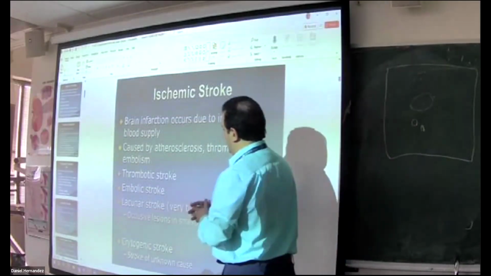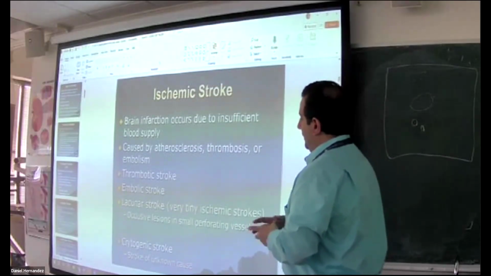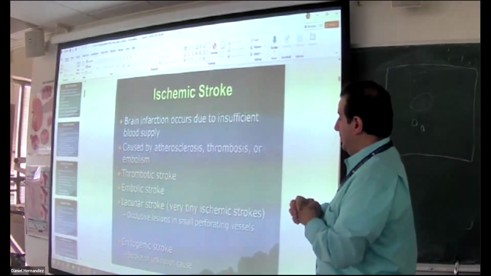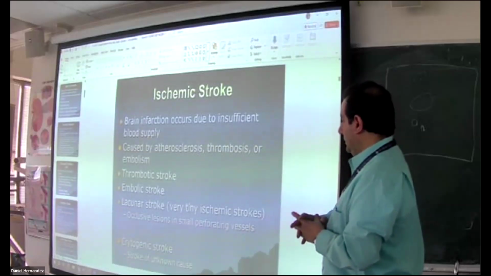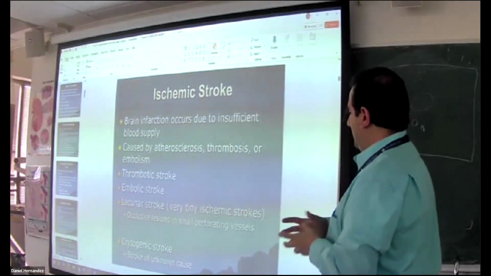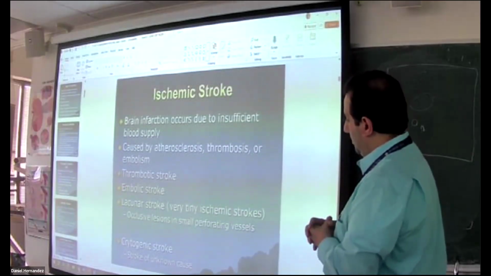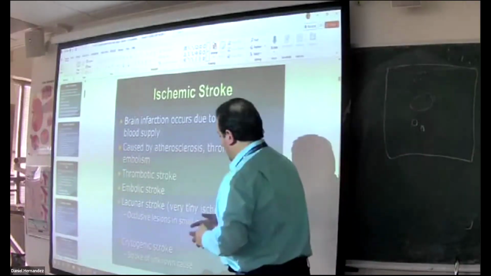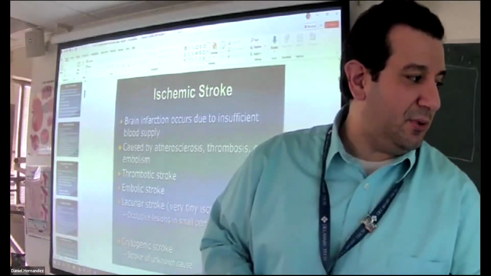We can have ischemic stroke due to a thrombus occluding the vessel. Embolic stroke, so little pieces of either atherosclerotic plaque or blood clot breaking off. Lacunar strokes are very tiny ischemic strokes. They're occlusive lesions in small perforating vessels. Or the stroke could be of unknown cause, a cryptogenic stroke, where we can't quite figure out the cause of that ischemic stroke.